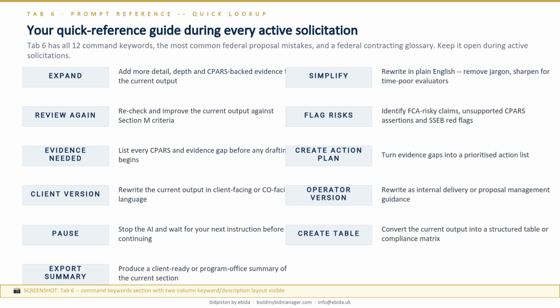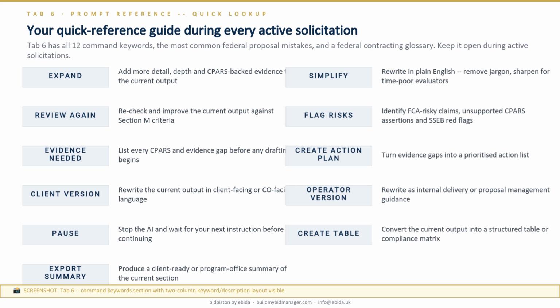Keep it open during active solicitations. The 12 command keywords are calibrated for federal context. Flag Risks specifically flags FCA risky claims and unsupported CPARS assertions. Evidence Needed lists CPARS and evidence gaps before drafting begins. 2 keywords are especially important in the federal context.